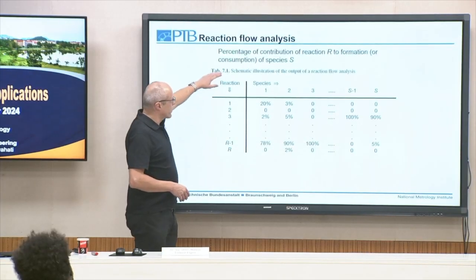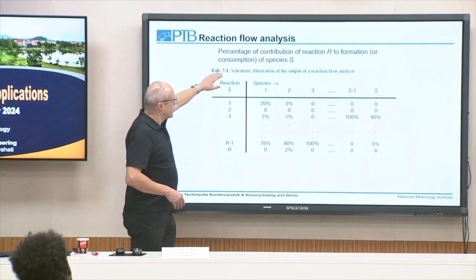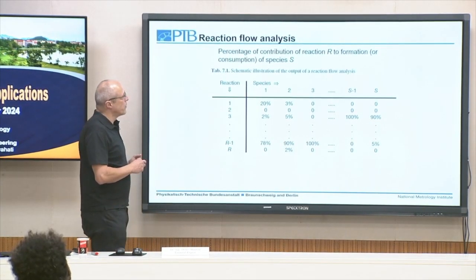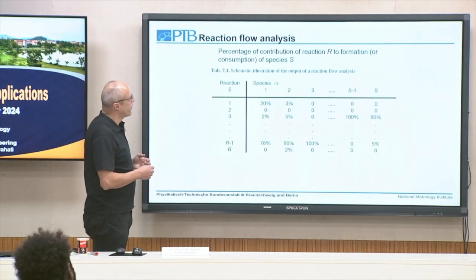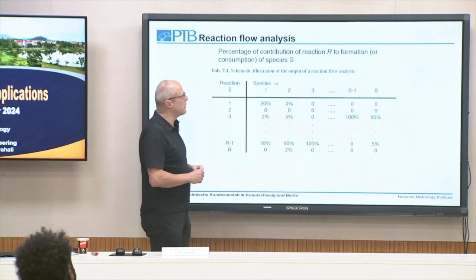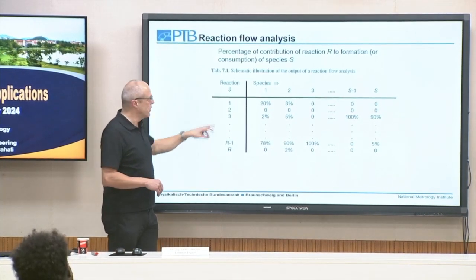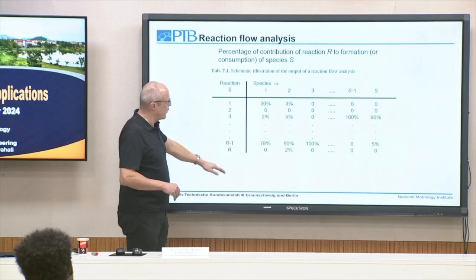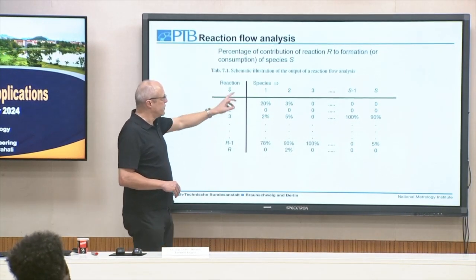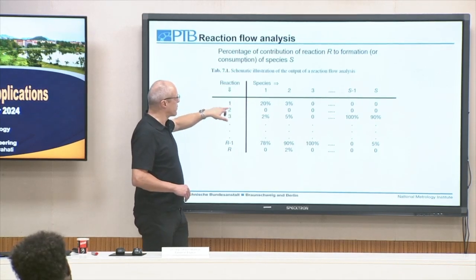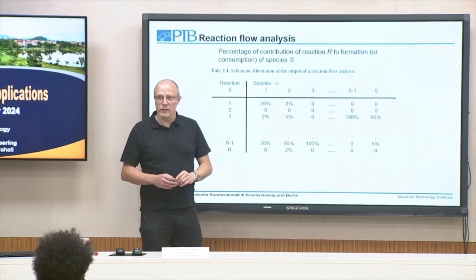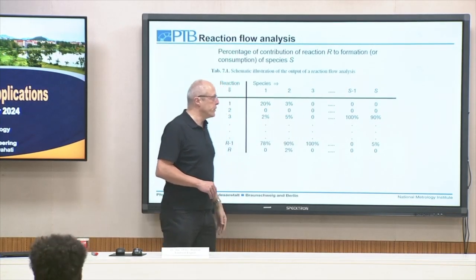We have a table as an output of such a reaction flow analysis: the percentage of contribution of reaction R to the formation of species S. So a simple setup, a table over all reactions and all species. Here species 1 is formed by 20% from this reaction, and finally 78% from this reaction. So this we have then for each species.